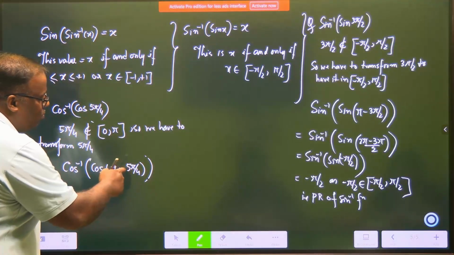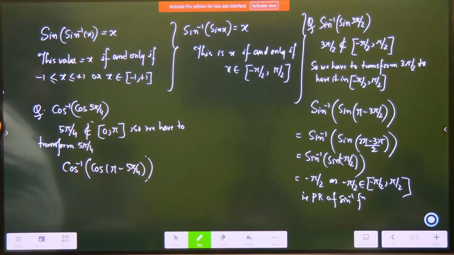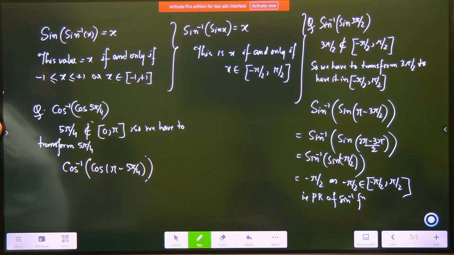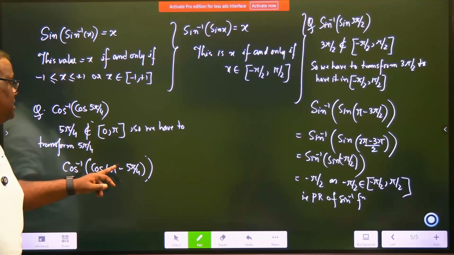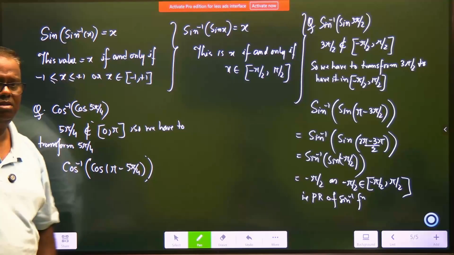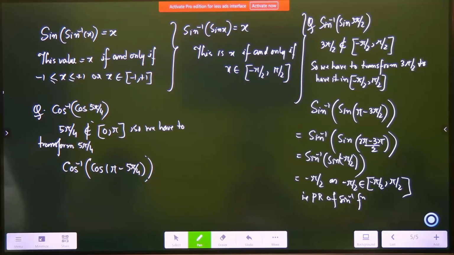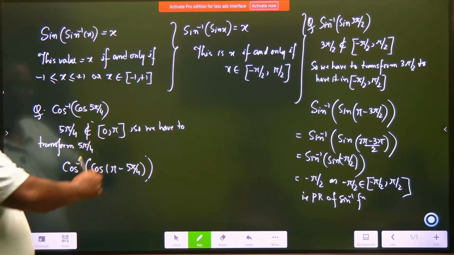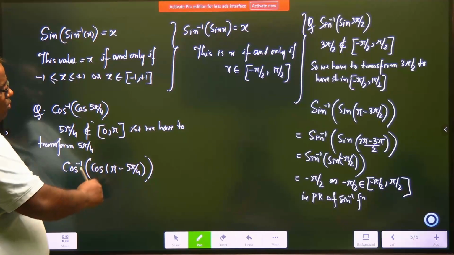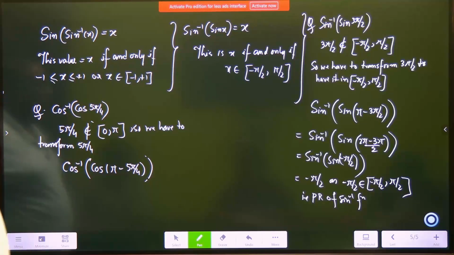Pi minus 5 pi by 4, so it will be cos of negative pi by 4. Cos of negative pi by 4 is cos of pi by 4. But is this the same as this? Is cos of pi minus 5 pi by 4 the same as cos 5 pi by 4?